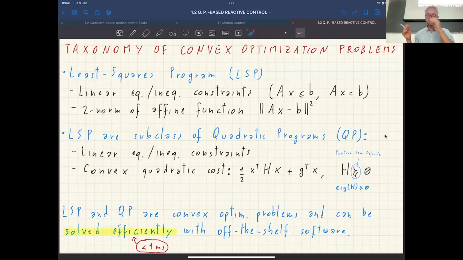The difference is in the form of the cost function, because the cost function in a quadratic program can take this shape here, which is a general quadratic function, but with the constraint that the Hessian, so the matrix which defines the quadratic form, must be positive semi-definite, which means its eigenvalues must be greater than or equal to 0.